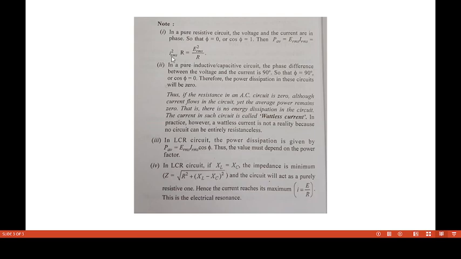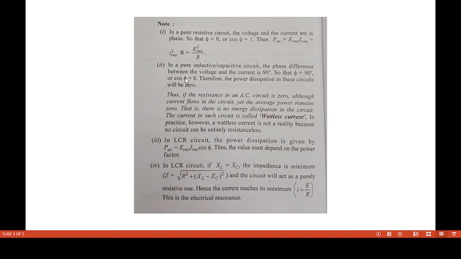Power can also be written in the form of I square R, or I square RMS into R, and this can further be written as E square RMS upon R. You might already know these different expressions for power.